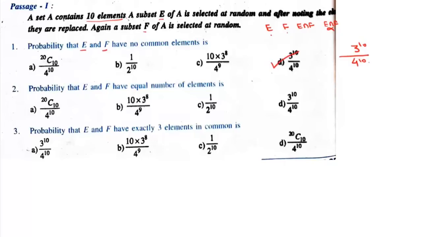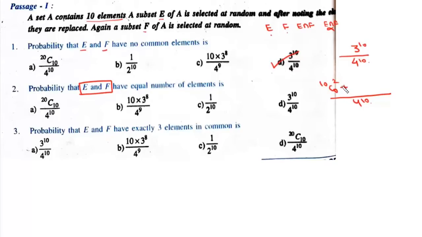Now the next one is the probability that E and F have equal number of elements. Again, the total number of choices will be 4 to the power 10. Now they have equal number of elements. The first possibility is both of them are the null set. In that case, we have to choose 10C0 and 10C0, so it will be 10C0 square.